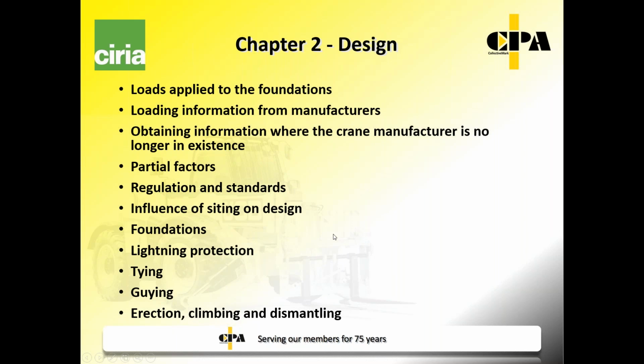Foundations themselves, different types, the importance of lightning protection, because obviously a tower crane is very often the highest structure in a particular area. We talk about tying, guying, and then you might wonder why design includes erection, climbing and dismantling, and that is really the design of the foundations for the mobile crane that is used to erect or dismantle the crane.